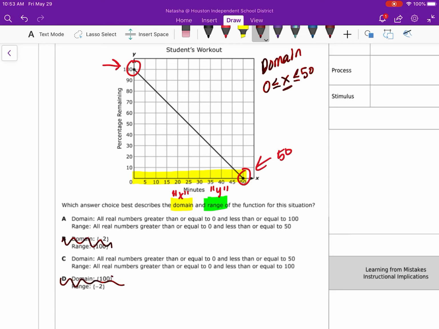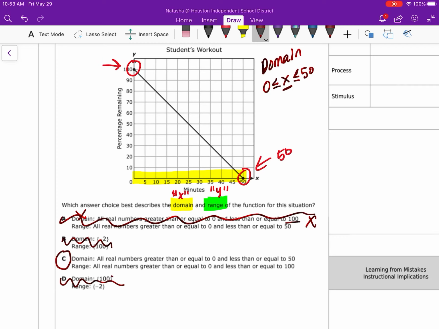It says domain is all real numbers greater than or equal to 0 and less than or equal to 100. Domain, that's the x. Well, we just said the x values are from 0 to 50. So by that, that can't be our answer choice. So we've eliminated that answer choice. So by default, C has to be our answer choice.